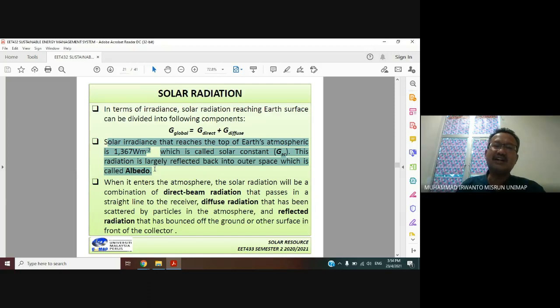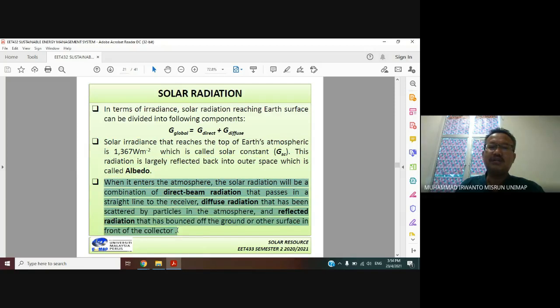This radiation is largely reflected back into outer space, which is called albedo. When it enters the atmosphere, the solar radiation becomes a combination of direct beam radiation and diffuse reflective radiation.